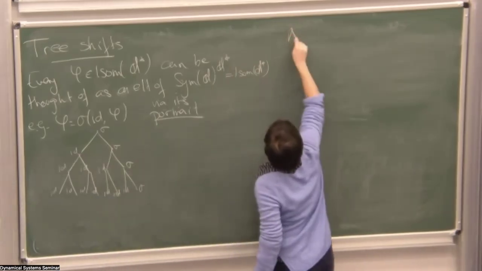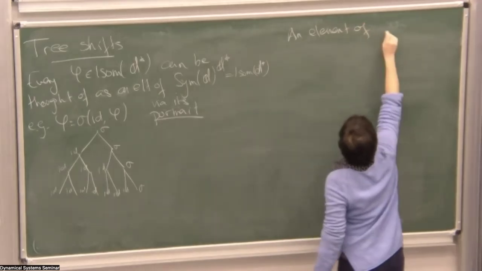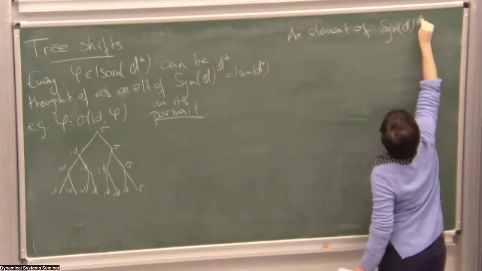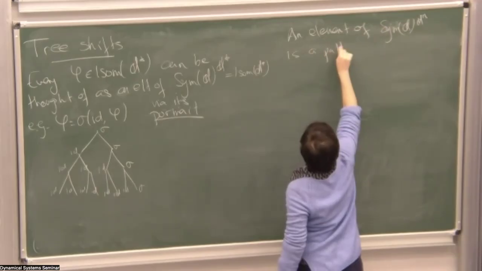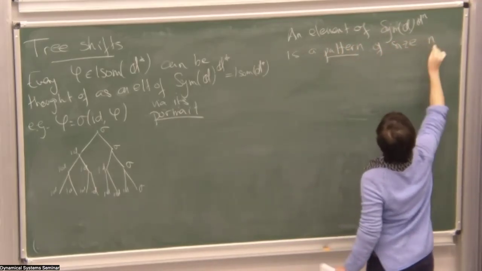Now more definitions. An element of Sym D to the D^n is a pattern of size n.